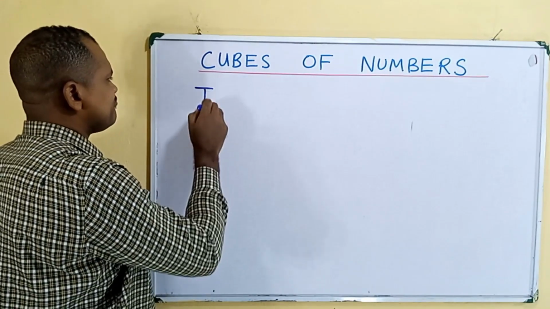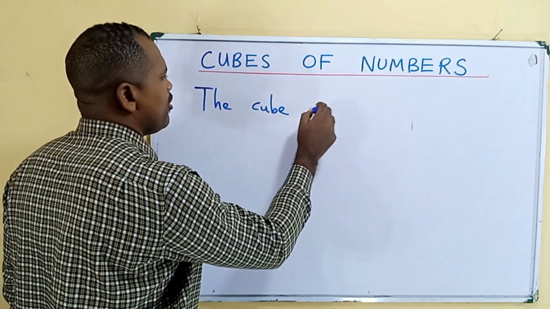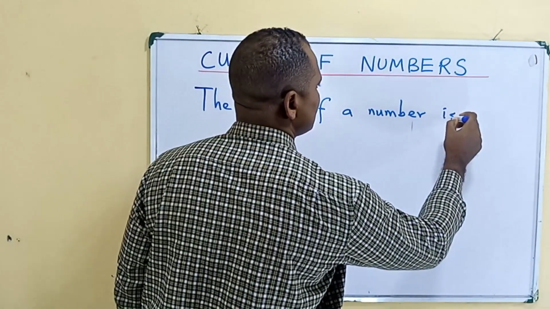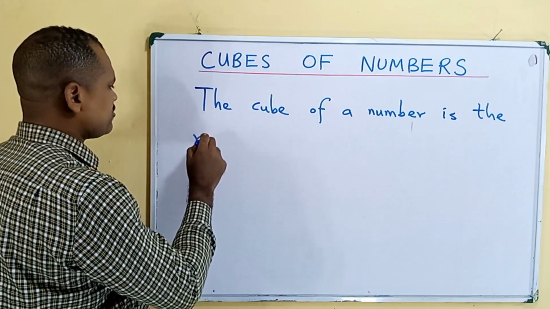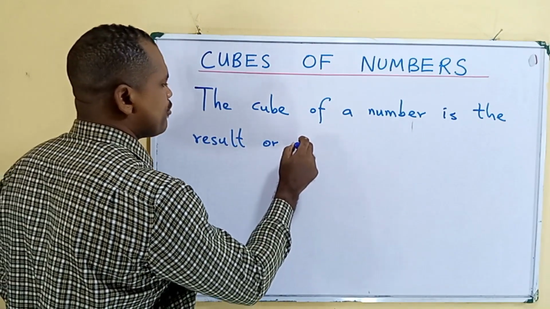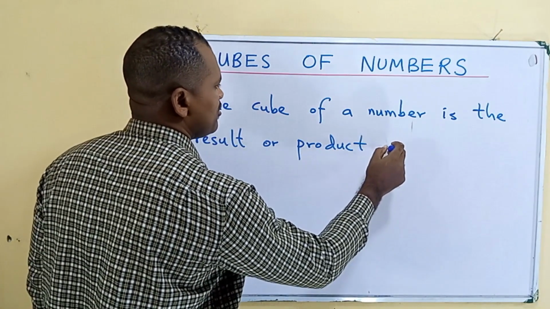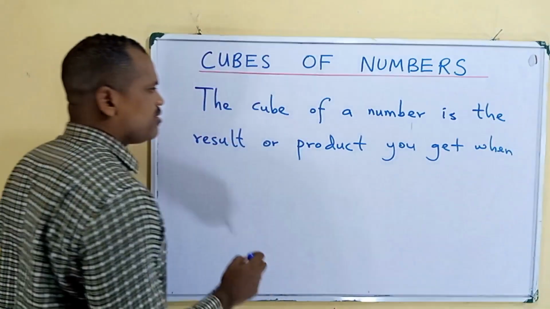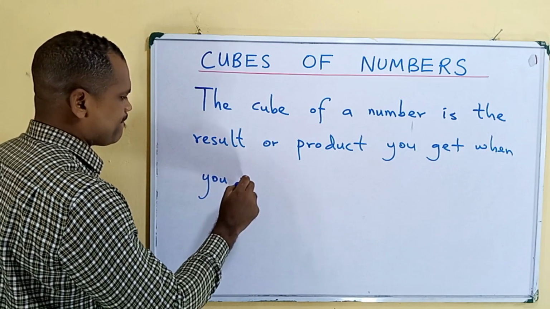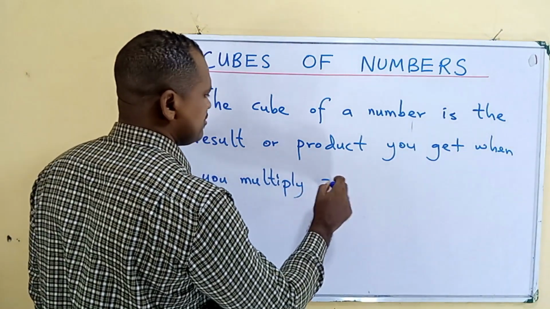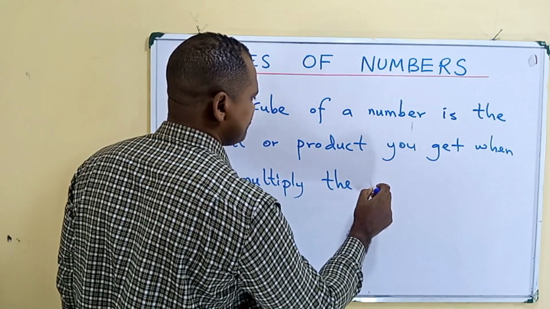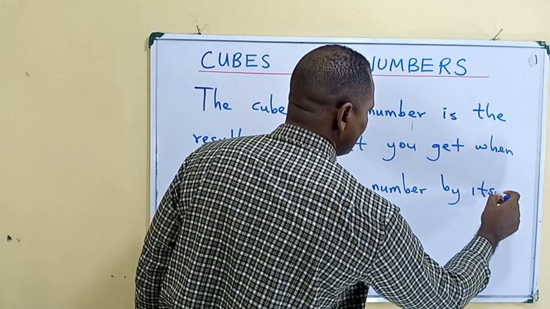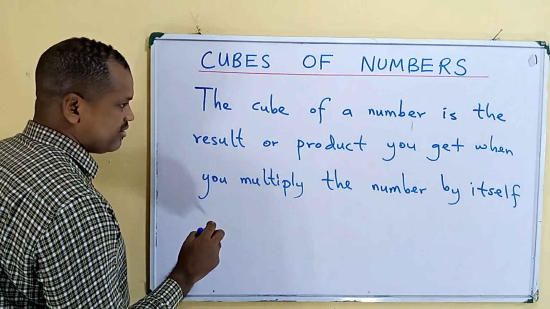The cube of a number is the result or product you get when you multiply the given number by itself 3 times.